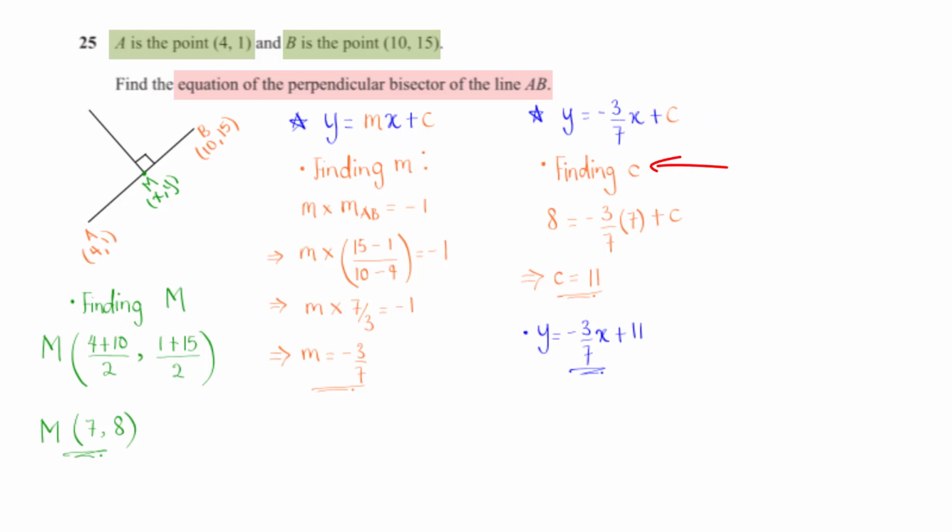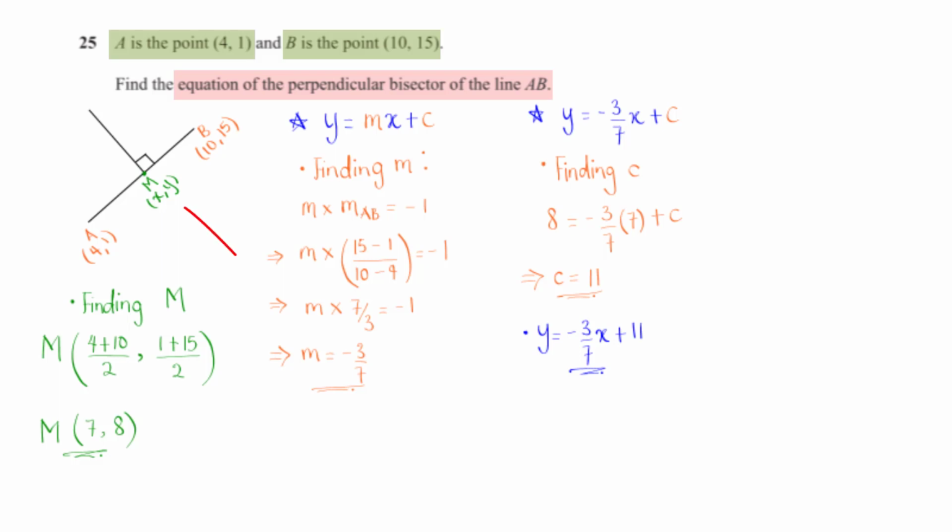To find the value of c for the perpendicular bisector, we need to find one set of coordinates on the perpendicular bisector. These coordinates have not been provided directly in the question. But the good news is that we can easily find that.